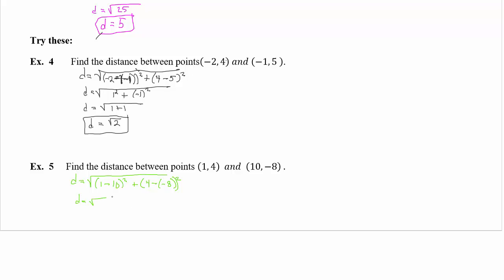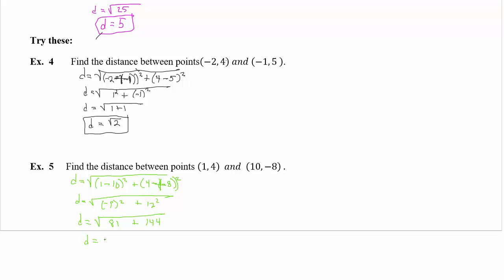D equals the square root of 1 minus 10 is negative 9 squared, plus 4 minus negative 8 is really 4 plus 8, or 12 squared. D equals negative 9 squared, don't forget the square root, or 81 plus 144.